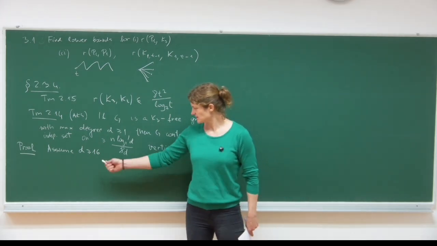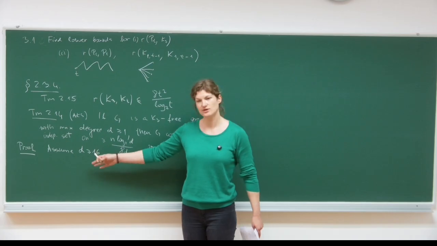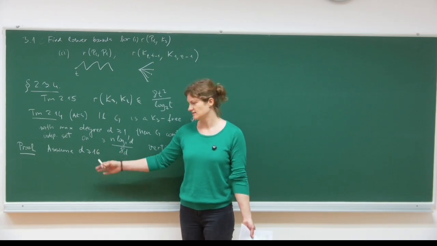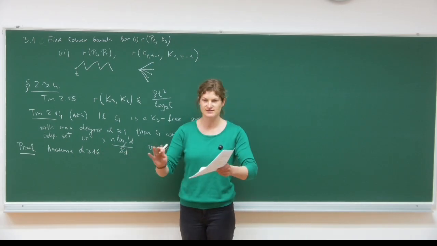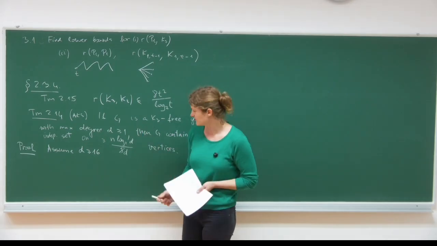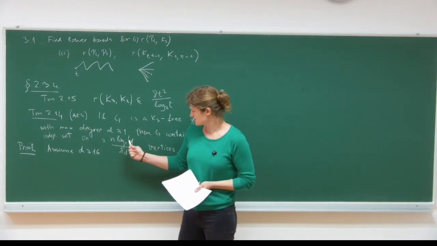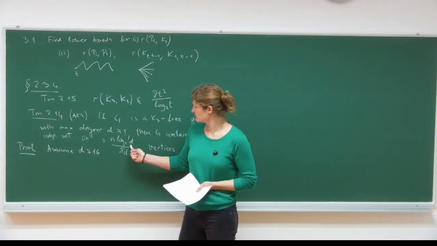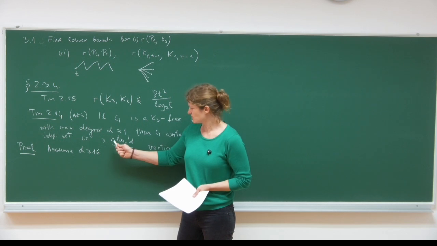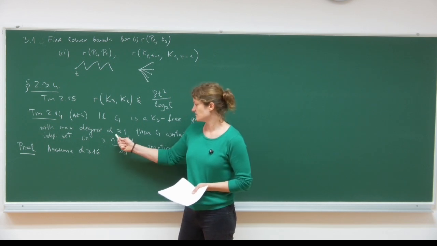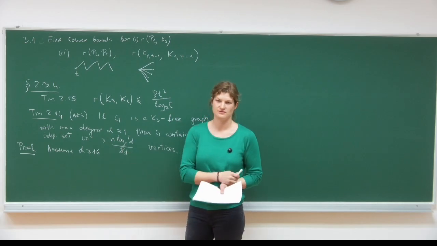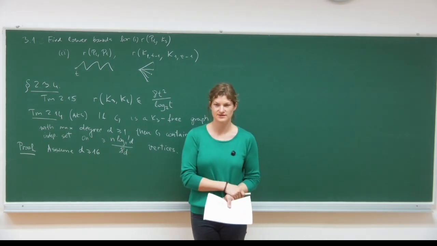When D is smaller than 16, or really the 16 doesn't matter, any fixed constant, then log D is 4. So then we're looking for an independent set of size at least n over 2D. And why can we always find that?